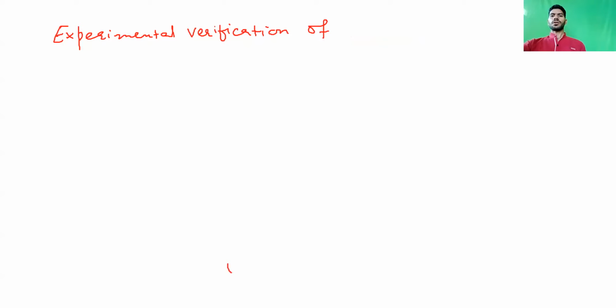Experimental verification of wave nature of electron. Electrons also have wave nature, which was proposed by de Broglie. So let's see its experimental evidence. The experiment was done by Thomson, and Davisson and Germer's experiment. I will write it here: Davisson and Germer's experiment.